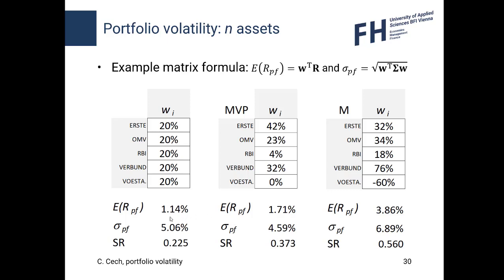Why? Because the expected return of the equally weighted portfolio is less than that of the minimum variance portfolio, while the risk is higher.